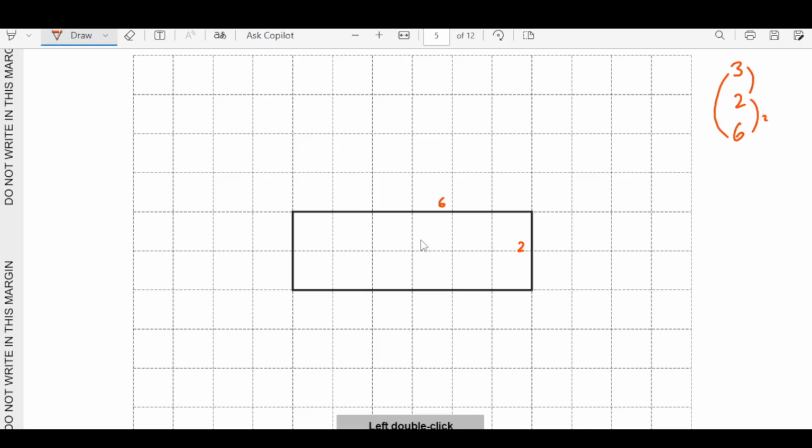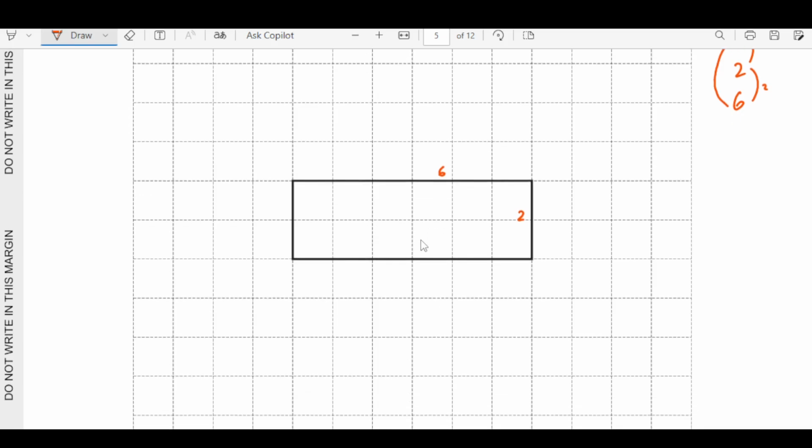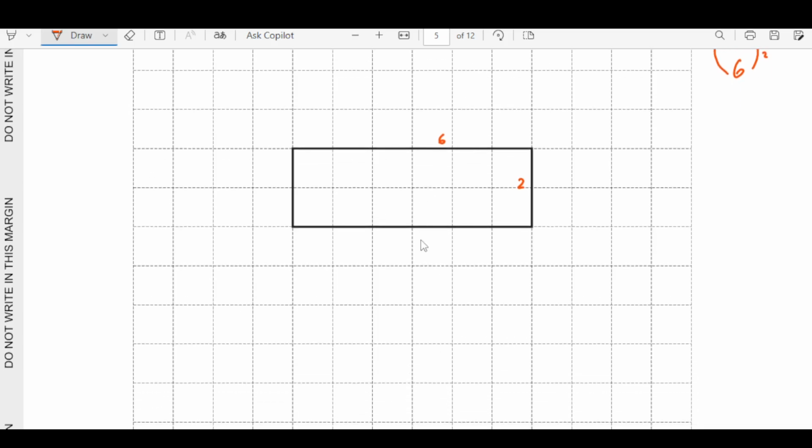So if we take 3 this way and 2 this way, so that it joins this one, the same should come on this side, right?